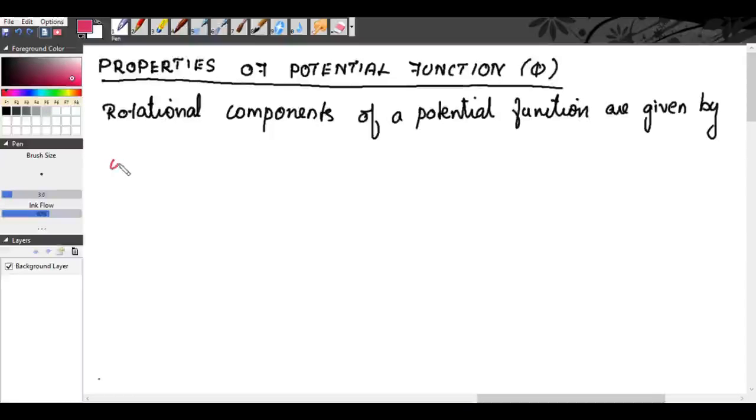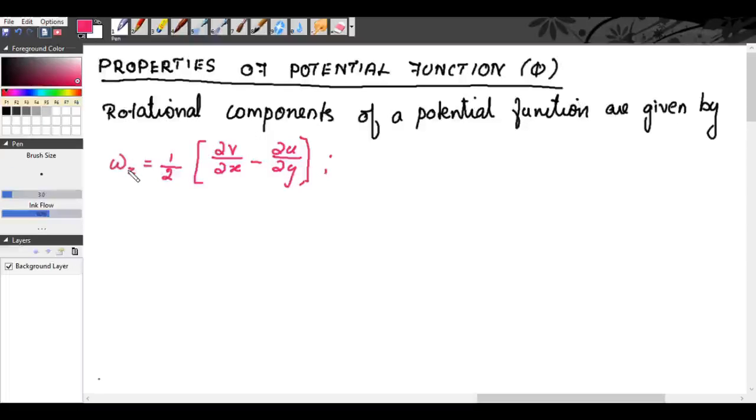So our rotational component omega z will be given as half of dou v by dou x minus dou u by dou y. Rotation means when the fluid is flowing, the fluid particle will rotate about its axis.